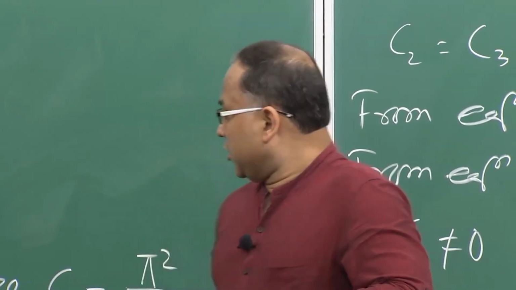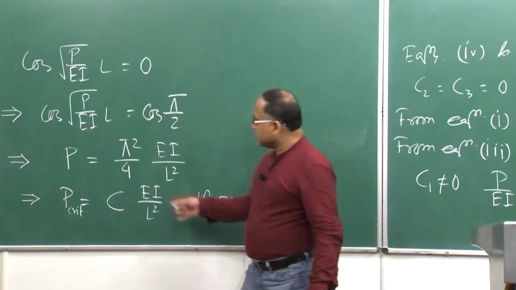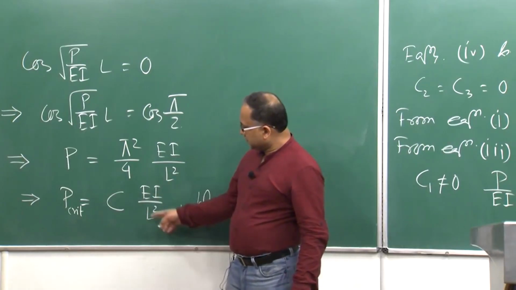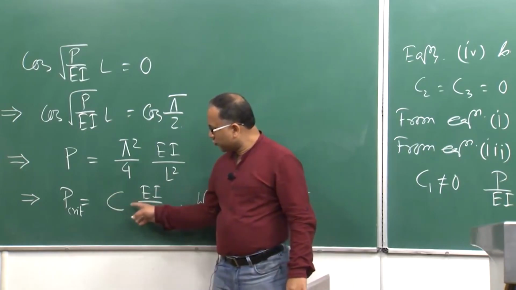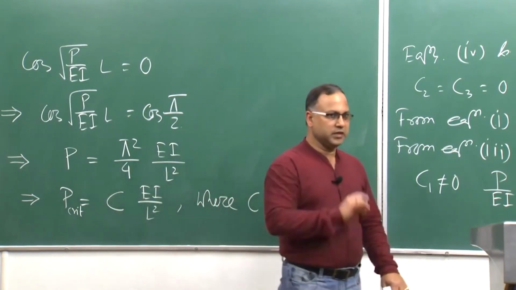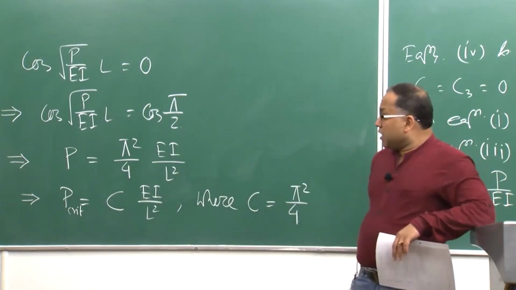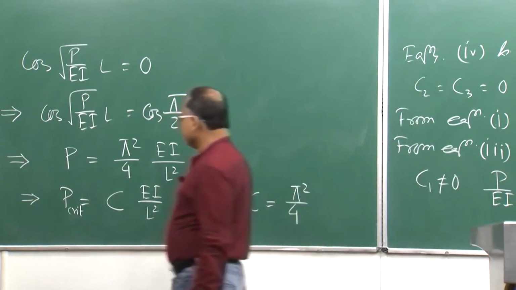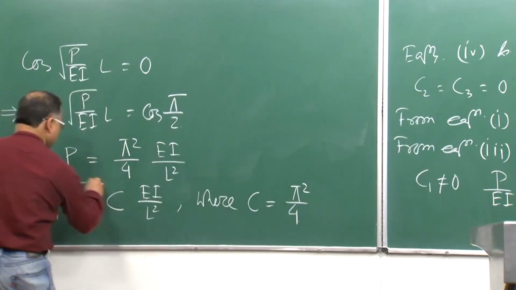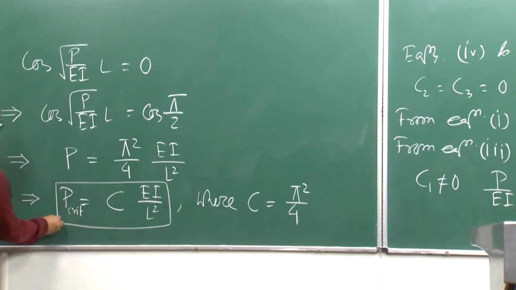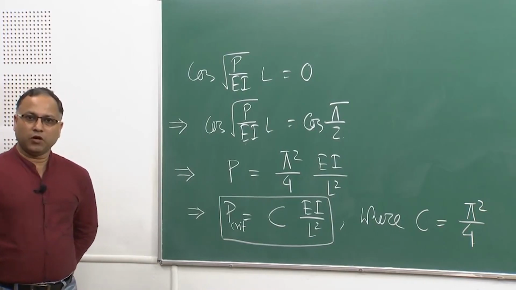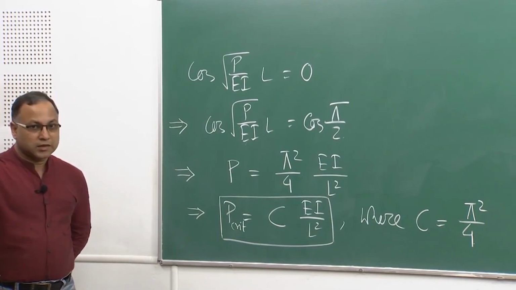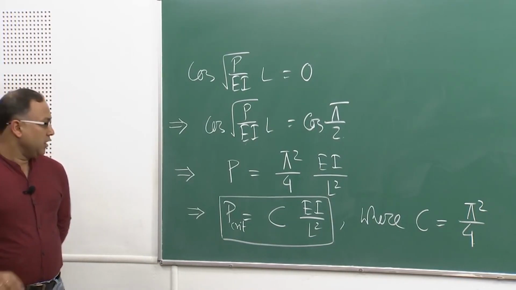We will see that EI by L square will remain the same, but only this coefficient value will change. But what I mean to say is, this is your lowest possible load for which you get the instability for the boundary condition we considered.